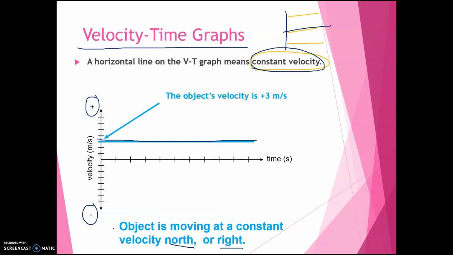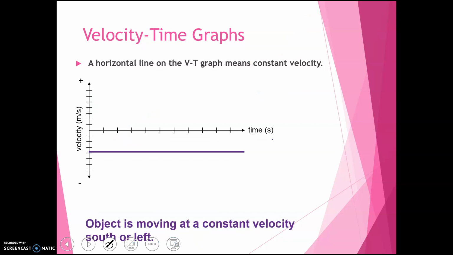So technically speaking, on our graph, the object's velocity would be a positive 3 meters per second, or you could say 3 meters per second to the right. So you see that the 3 meters per second is the constant speed of the graph. The velocity does not change the entire time that you map the velocity of the object.